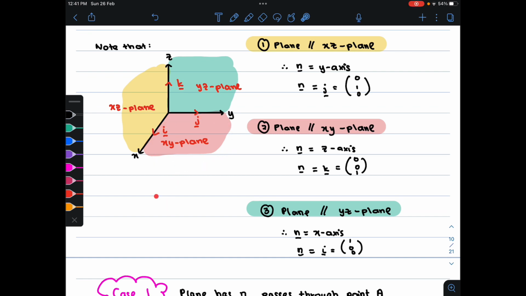And hence, your normal vector will be along the z-axis. The same goes for the yz plane. The letter that is missing is the letter x. Therefore, the normal vector will be along the x-axis. And therefore, the normal vector for the xz plane will be along the y-axis, since the letter that is missing from xz is y.